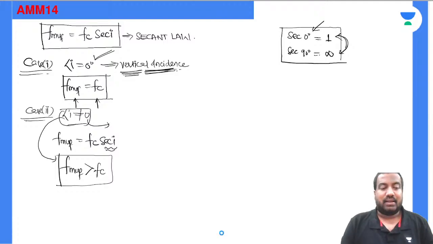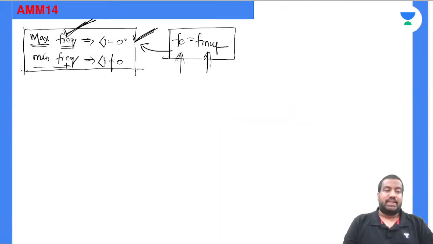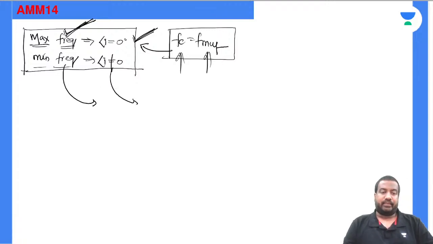That's the reason why we got this formula here. It is the minimum frequency that can be reflected back by the ionosphere at a non-vertical incident, or when incident angle is not equal to 0.